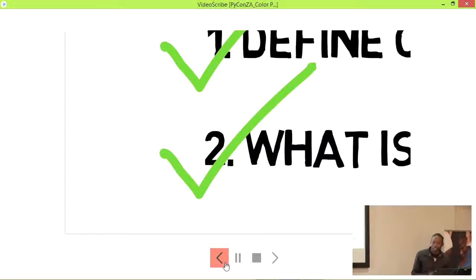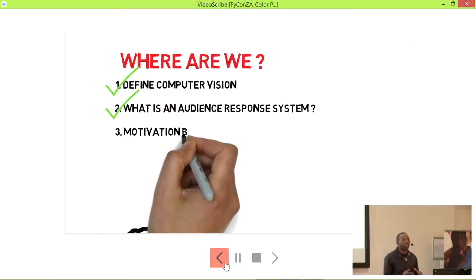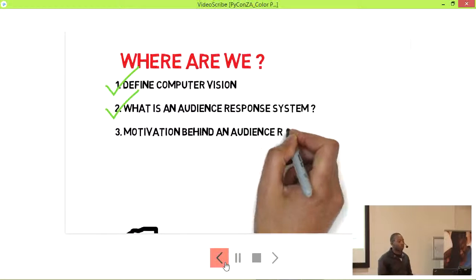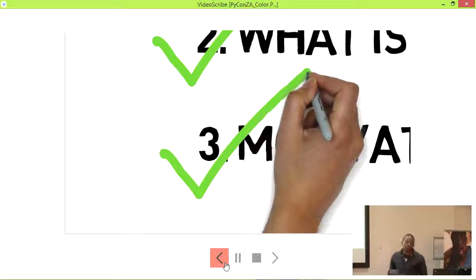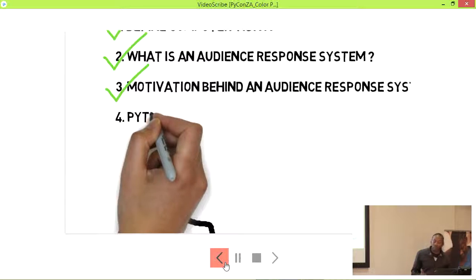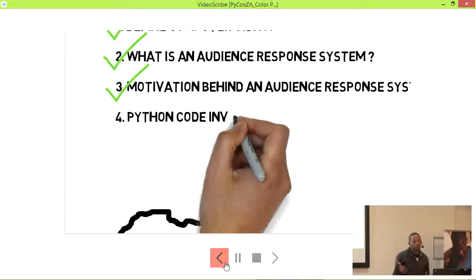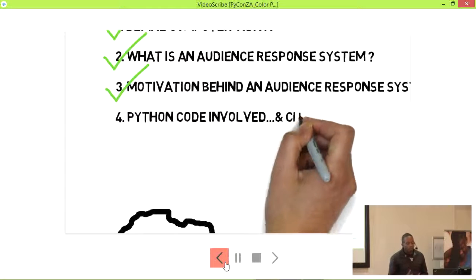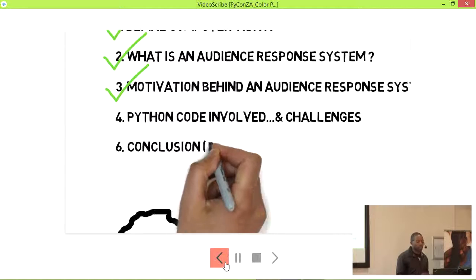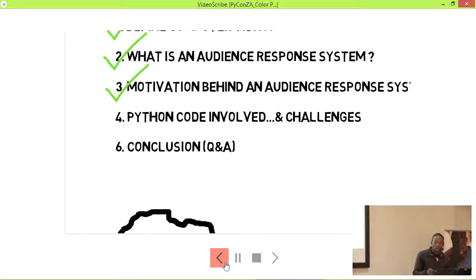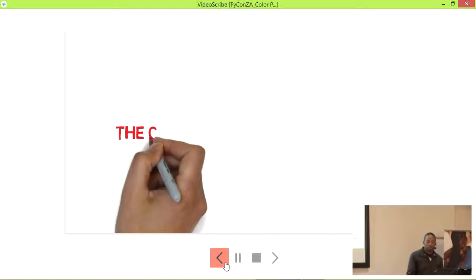The next thing, if you'd already forgotten, was the motivation behind why we want to create something like an audience response system. Once again, tick for that one. The next thing is the Python code involved, and some of the challenges I faced while doing the research, and then we're going to look at the conclusion and a bit of Q&A.